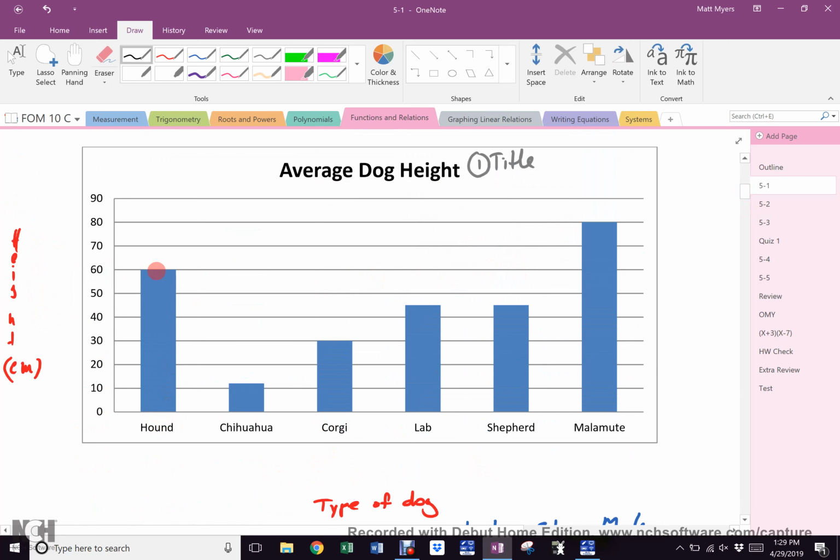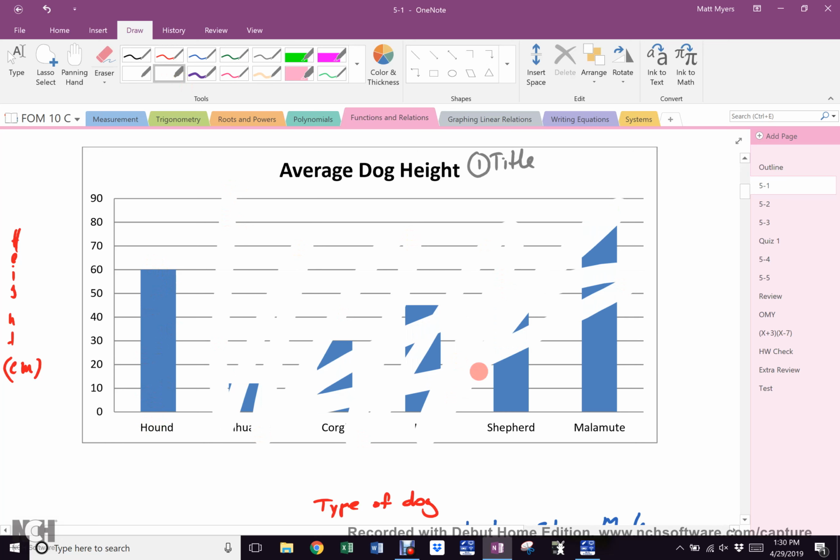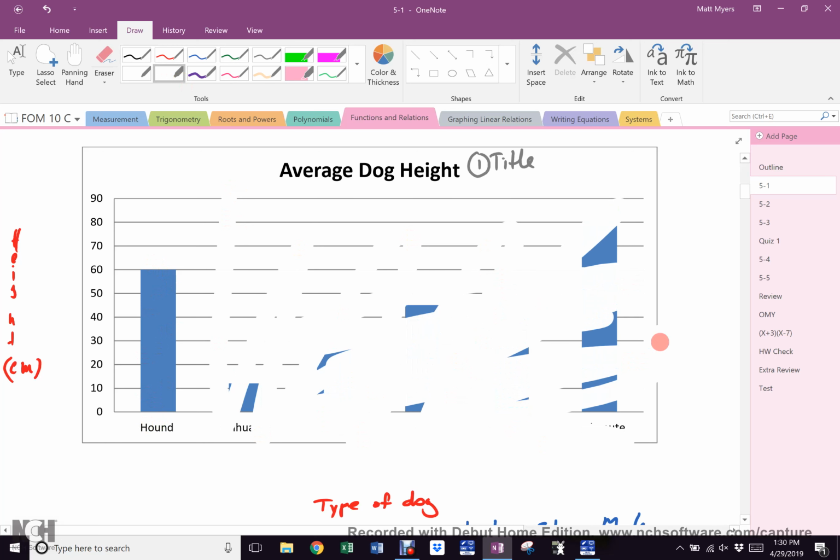Is 60 an element? Does hound in set 1 relate to only one element in set 2? Yes, because the hound is 60. Everybody understand? So if all of this wasn't there, is that a relation? Is it also a function? Yes, because one set relates to one set.